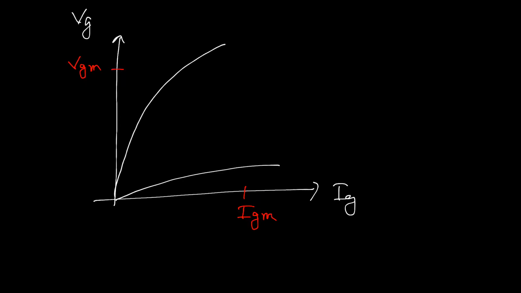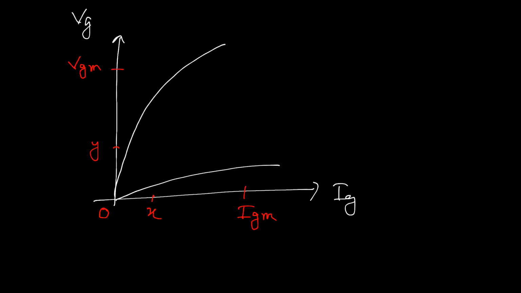Similarly, we can consider two other points, this one and suppose this one, which are defined by, suppose, OX and suppose OY. What is this? That means OX is the minimum amount of gate current up to which the thyristor cannot be fired.